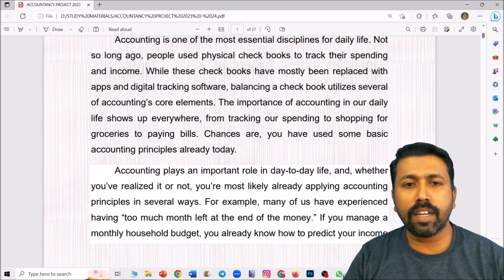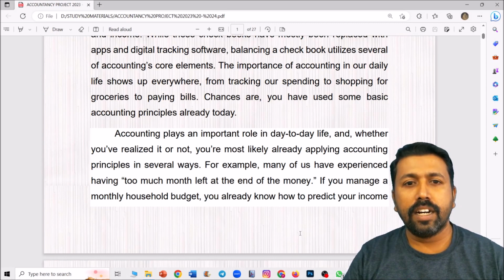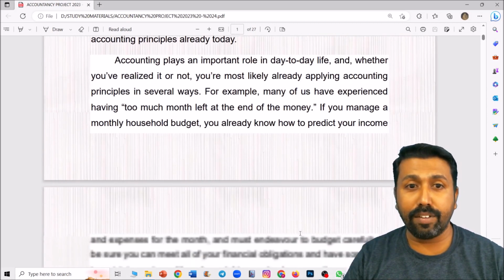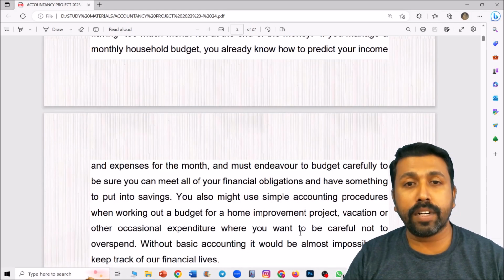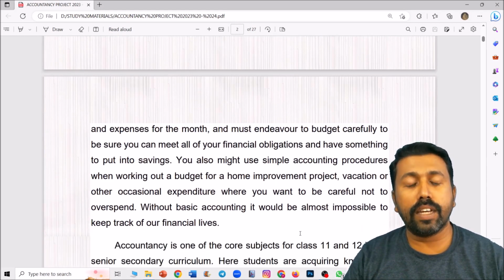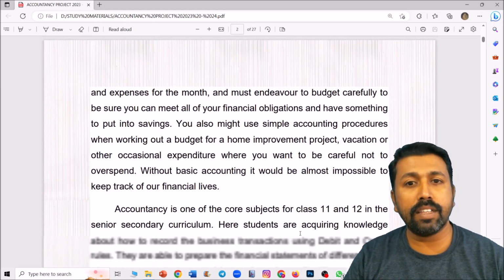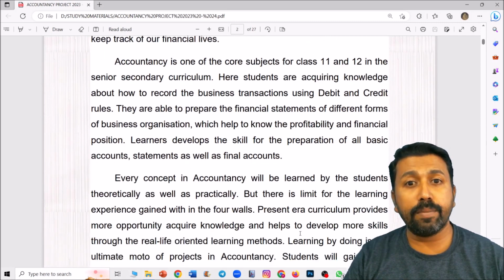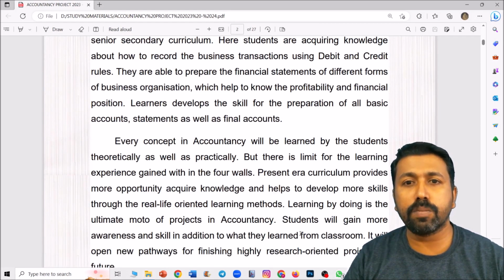So this is a small introduction regarding accountancy and how it is important in our day-to-day life, and how much importance we are giving for the finishing of the accountancy project. So slowly I'm scrolling. You can note all the important contents, and you can create a colorful project by including small additions only.